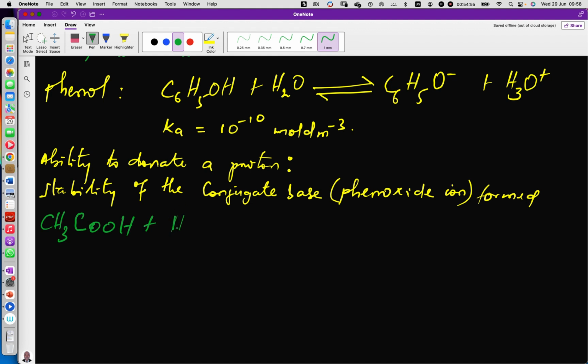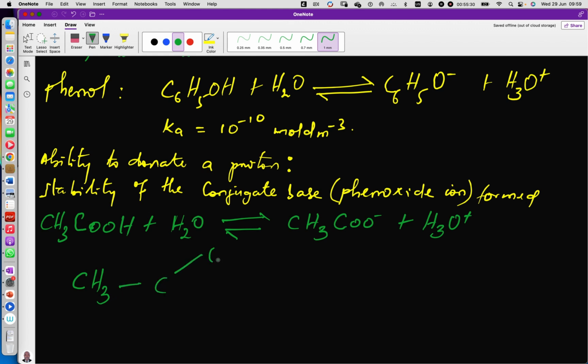We want to see why ethanoic acid is more acidic than other acids that we just mentioned. From the equation, you will see it.